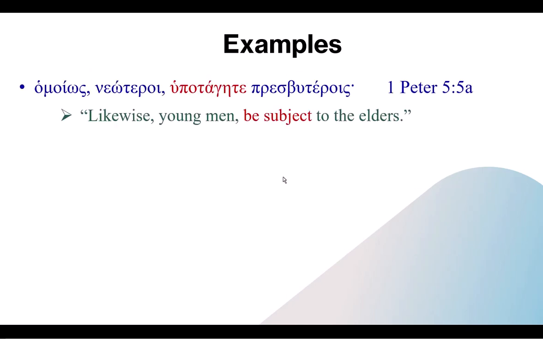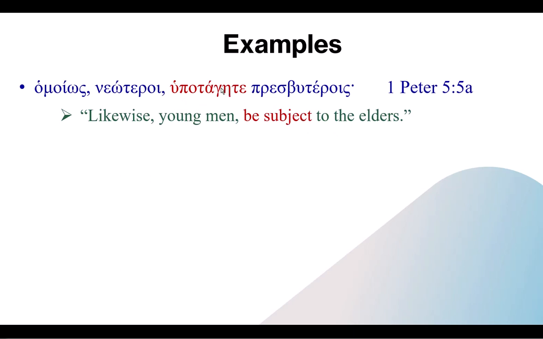Here are some examples of imperatives. We have 1 Peter 5:5, homoios neoteroi hypotagete presbyterois. So likewise, young ones, young men, here we have an aorist passive imperative.